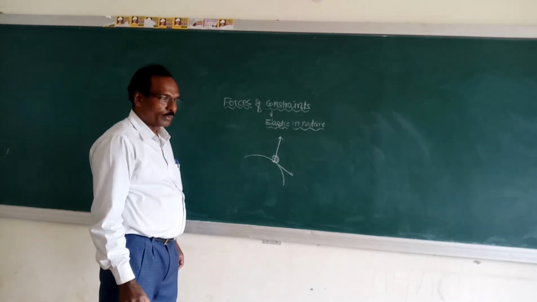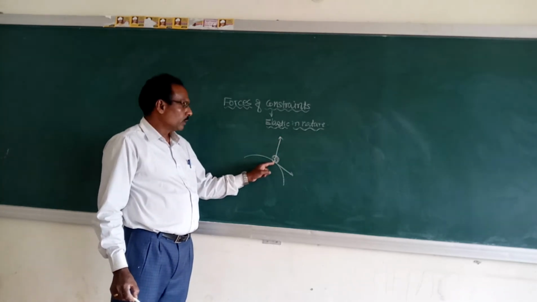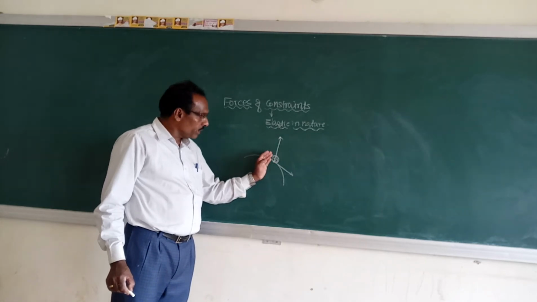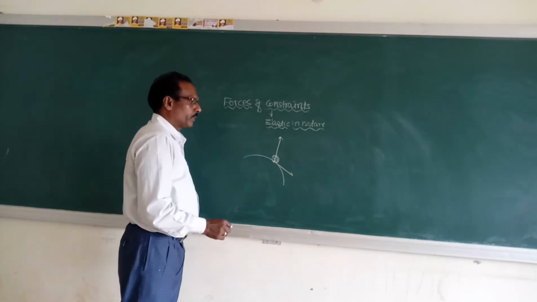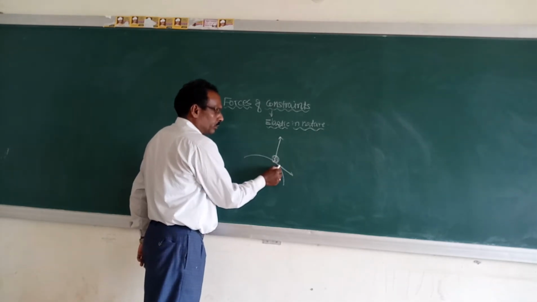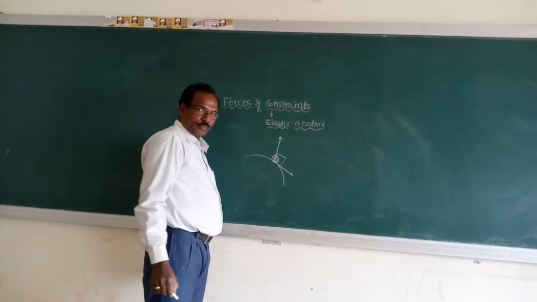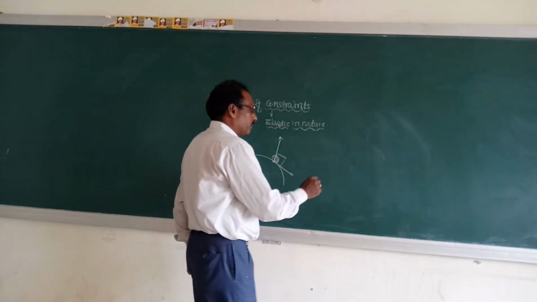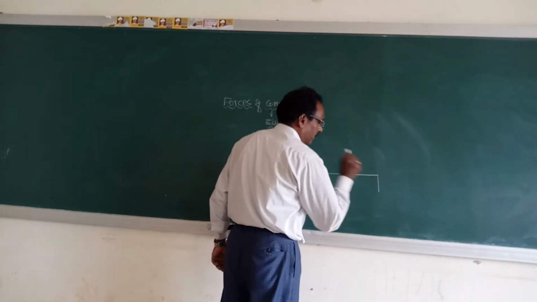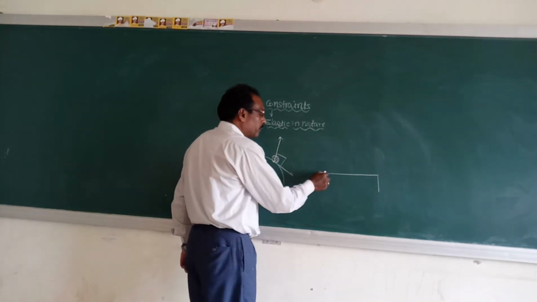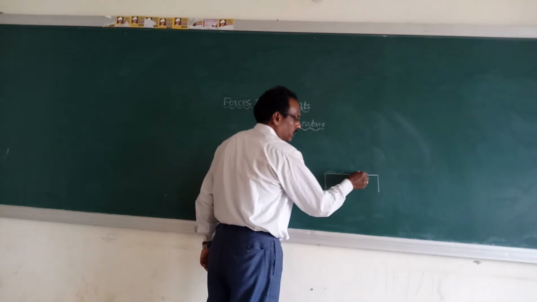Such forces are perpendicular to the surface at the point of contact, and if the body gets displaced parallel to the surface, then the displacement and the force are perpendicular to each other. For example, here this is a horizontal surface, and say this surface which I have drawn here is a frictionless, smooth surface.